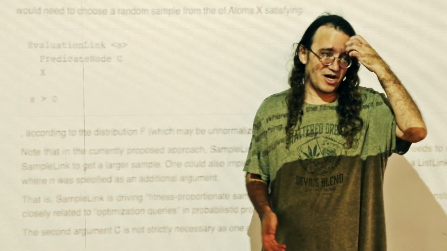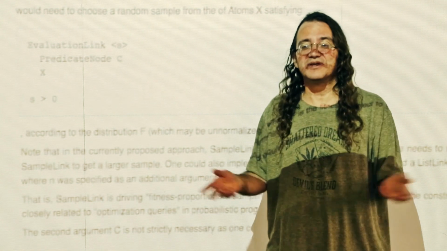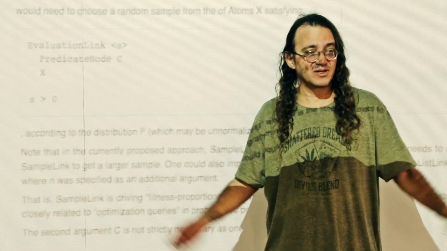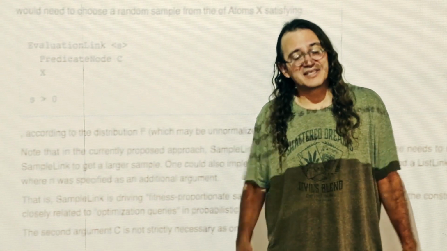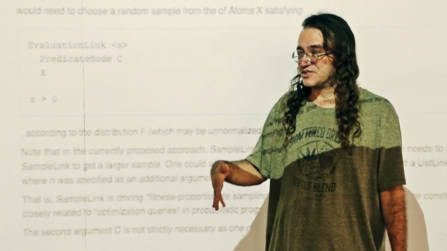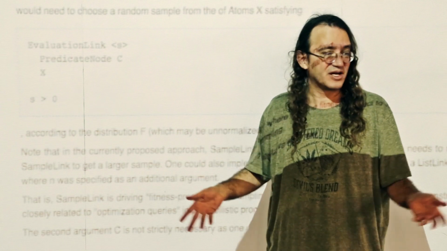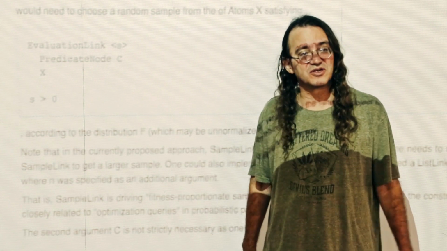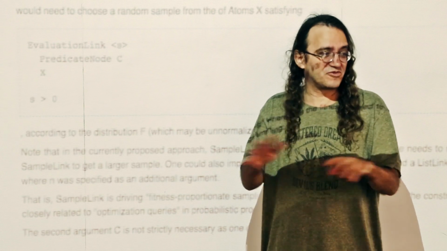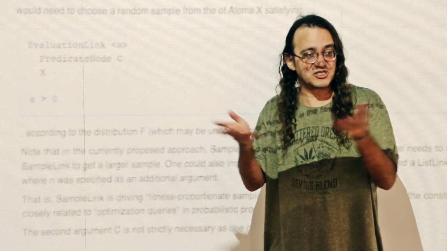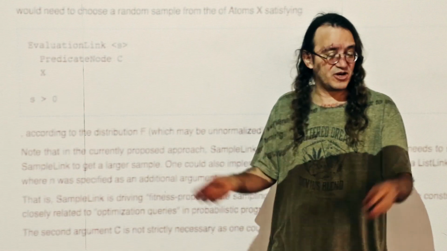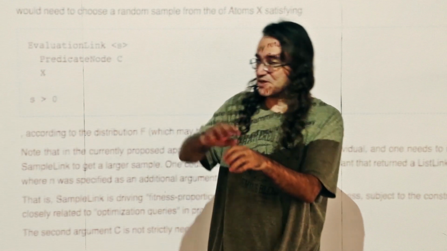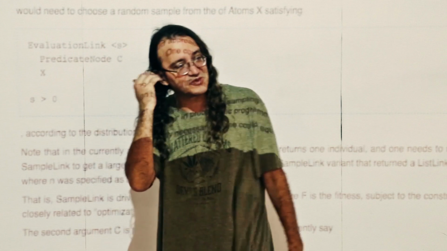In that case, you don't really need to normalize it into a probability value, although you could. If you're sampling by, say, tournament selection, you don't need to normalize: you just grab two things, compare, see which is bigger, grab another one, compare.